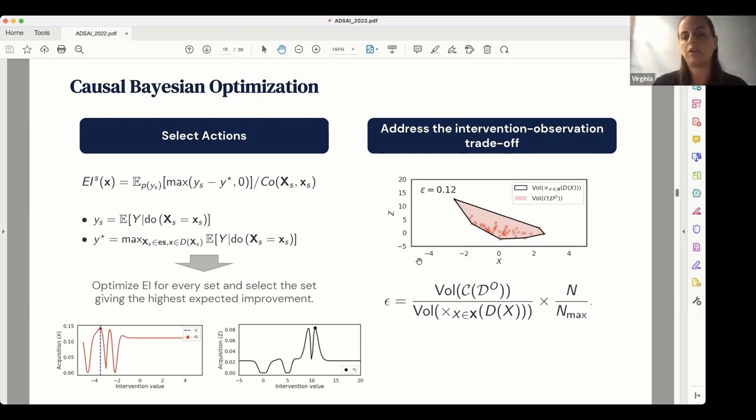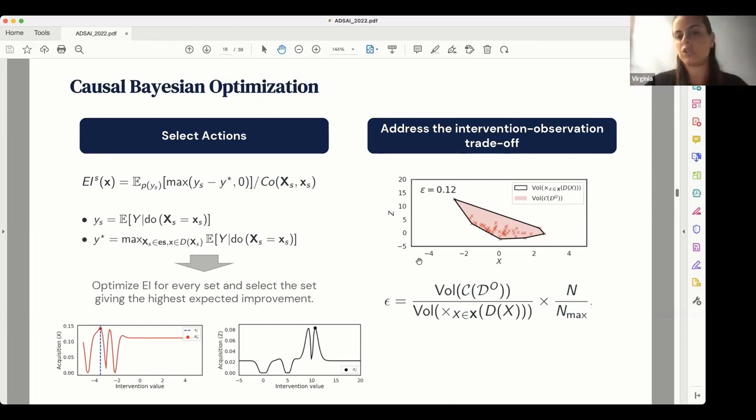So that means that you can get a pretty good estimation of what the causal effects look like at that specific intervention value. If instead you're interested in understanding the minimum and the optimal intervention for an intervention around -4, 5, that's probably not going to be accurately inferred by using observational data.